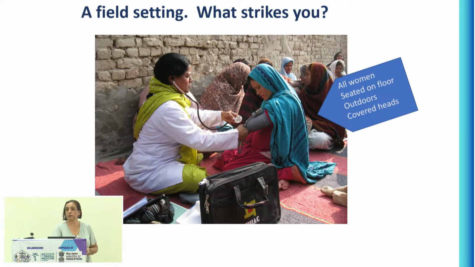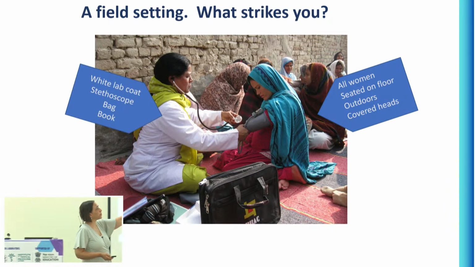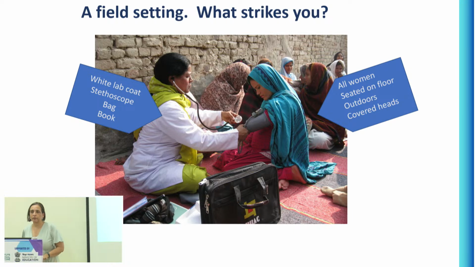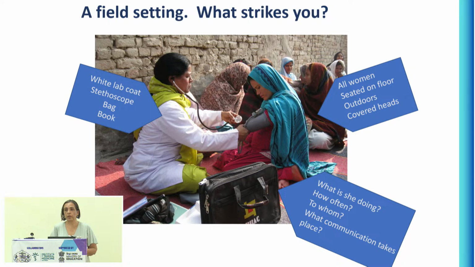We think they're outdoors. We notice that they all have covered heads, right? We also see something that tells us that this person is probably a health worker of some sort. We're not sure what kind of health worker. Could be a village health worker, could be a nurse, we're not really sure. But we know that because of the way they're dressed: the white lab coat, the stethoscope, the bag, the book. And we might be asking ourselves, what exactly is she doing?